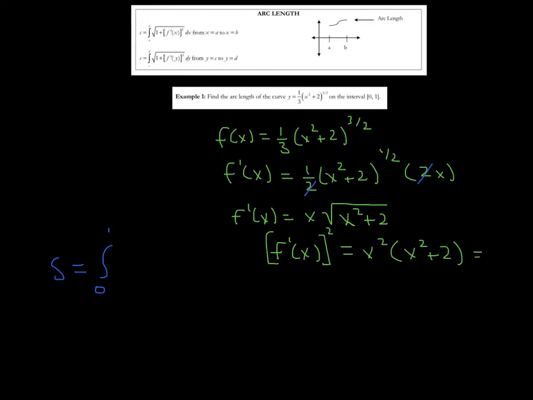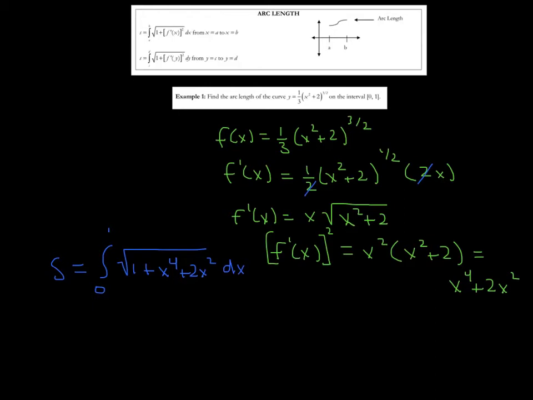And if you distribute that, you get x to the 4th plus 2x squared. All right, so we're going to plug that into our formula, and we get the square root of 1 plus the stuff that we just got, f prime of x squared. So that's going to be x to the 4th plus 2x squared dx.